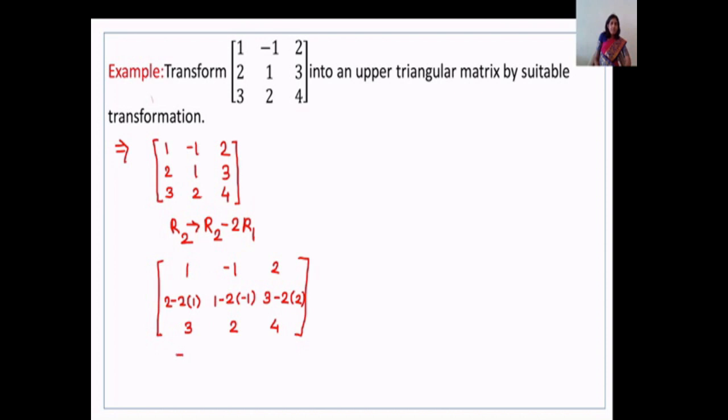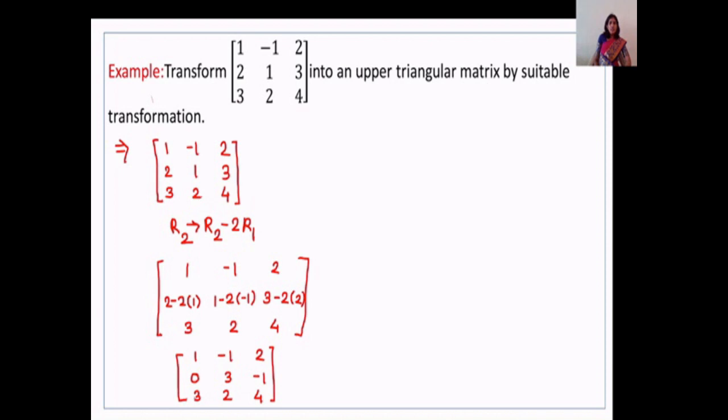So here we get 1 minus 1 2, 0. Here 1 minus minus gets plus, that is 3. Here is minus 1 and 3 2 4.